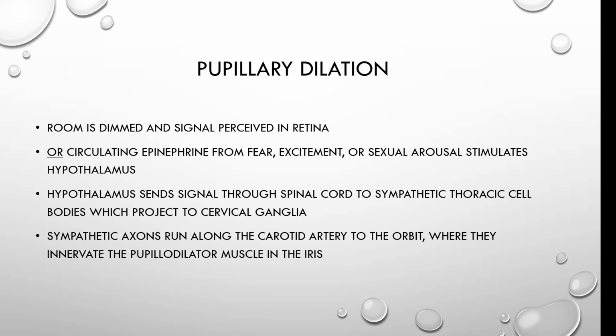Axons run from those ganglion cell bodies, so postganglionic axons, along the circulation along the carotid artery and the branching arterial circulation to the orbit, where they innervate the pupillodilator muscle in the iris. The pupillary dilator are radial muscle fibers, which when they contract cause the pupil to dilate.